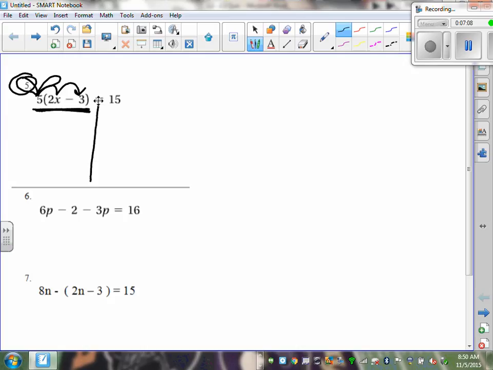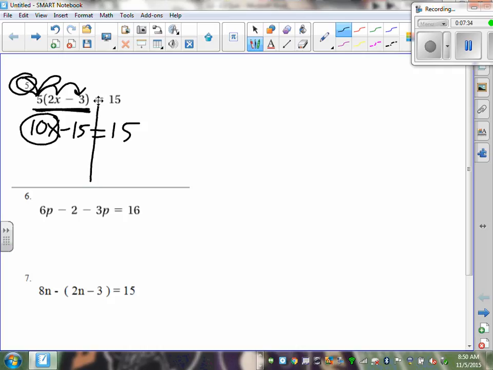5 times 2 is 10x. 5 times negative 3 is negative 15. So we have 10x minus 15. So you're taking the 5 times everything inside, equals 15. Circle. I still have my wall there.